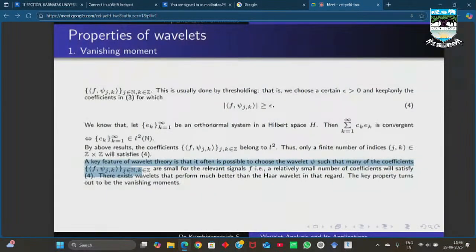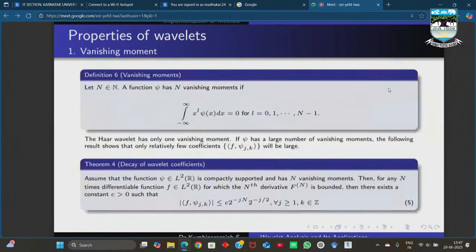That is, a relatively small number of coefficients will satisfy equation number 4. Therefore, a huge number of coefficients is going to be nullified. So by using this threshold property, I can easily represent the entire function using only a few coefficients. Here is the definition of vanishing moments, and here the R wavelet has only one vanishing moment.